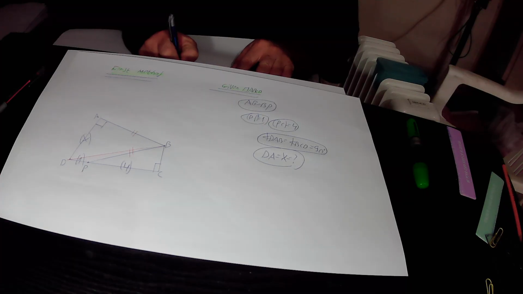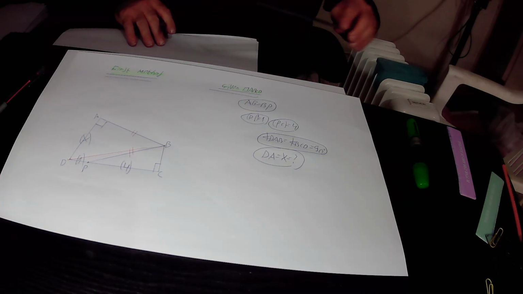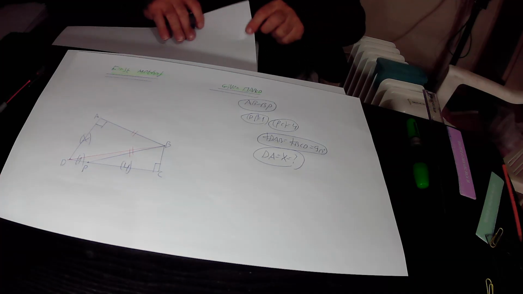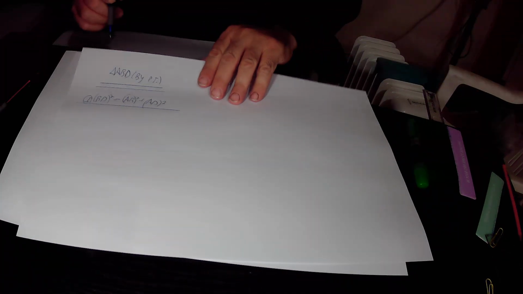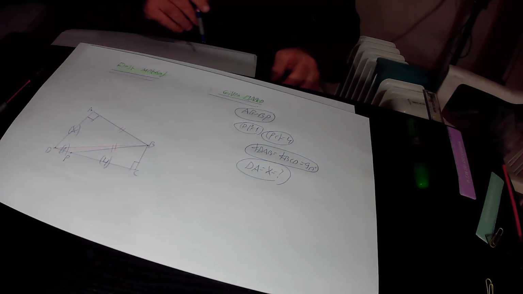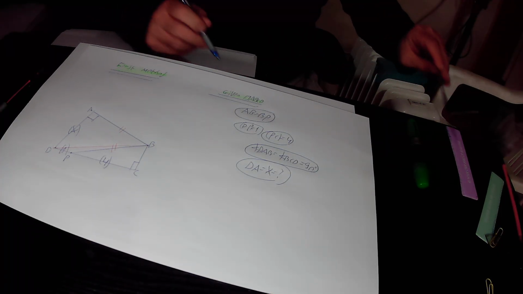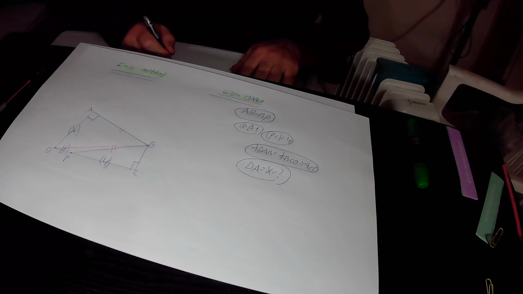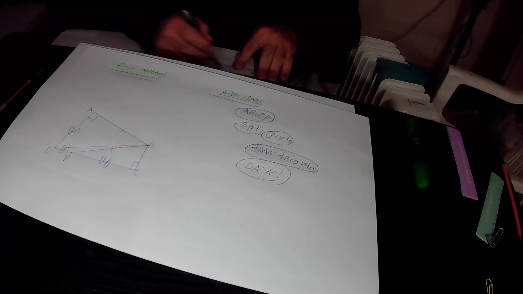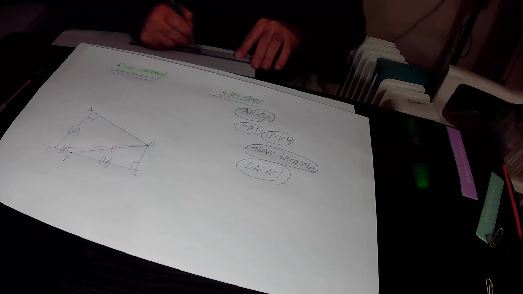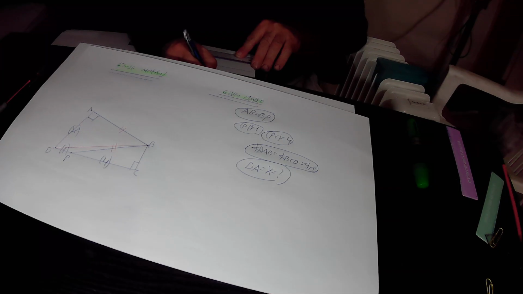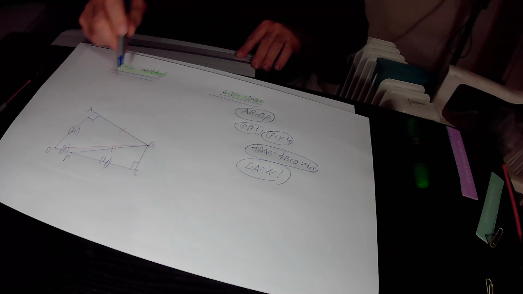Again, in this upper right triangle ABD, according to the Pythagoras theorem, BD squared, the square of the hypotenuse, equals AB squared plus AD squared. BD is the missing hypotenuse, so we leave it as BD squared.